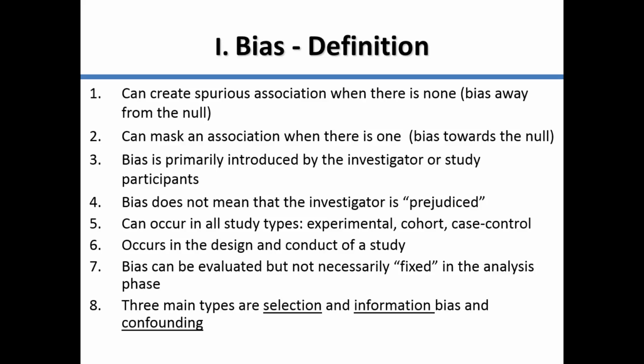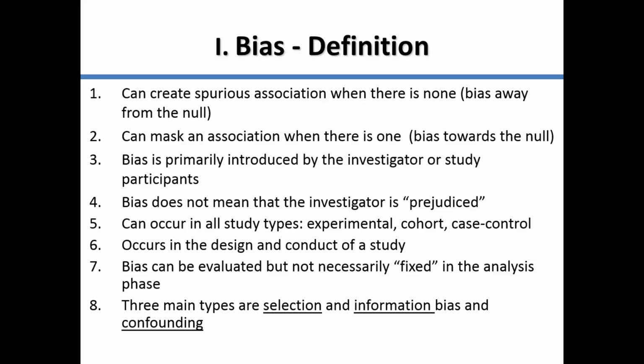We're going to go to hospitals and get patients who have pneumonia and find out if they have diabetes or not. What if diabetic patients with pneumonia are more likely to be hospitalized than patients without diabetes? Doctor says, oh, you have diabetes, you have pneumonia, you're going to the hospital. I'm going to get people who are more likely to be exposed, and I'm more likely to see an association. That's a problem with selection.